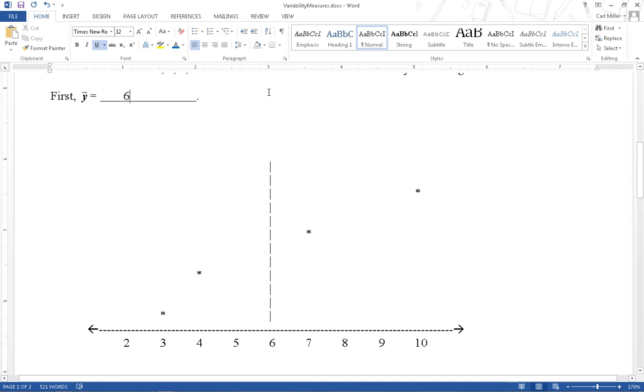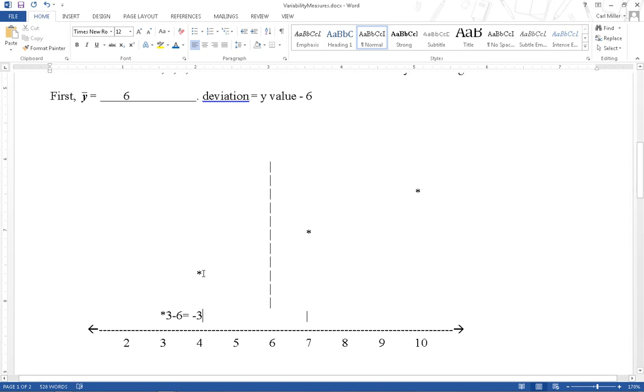In order to do that, we're going to define a deviation as the y value minus the mean of 6. So we're always going to start with the y value and subtract 6. For the first deviation we would have 3 minus 6, and that is -3.